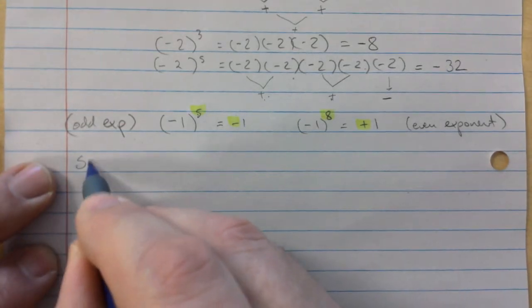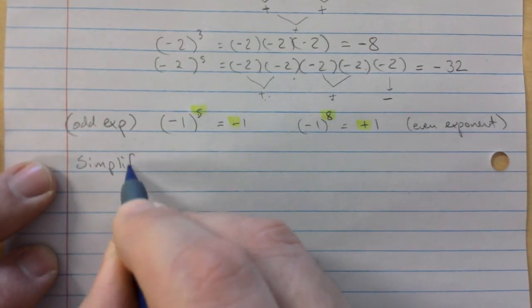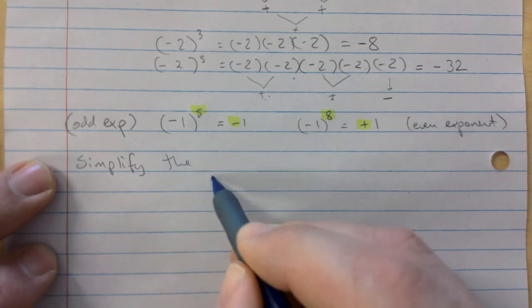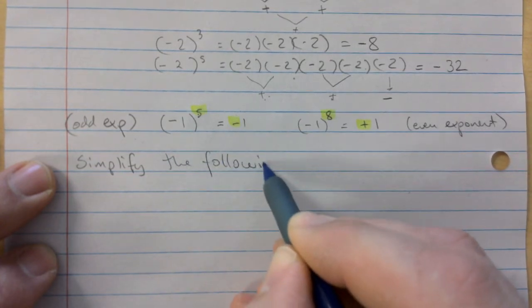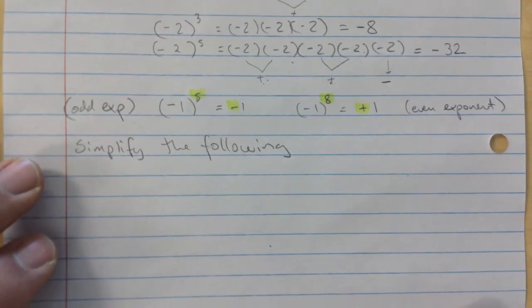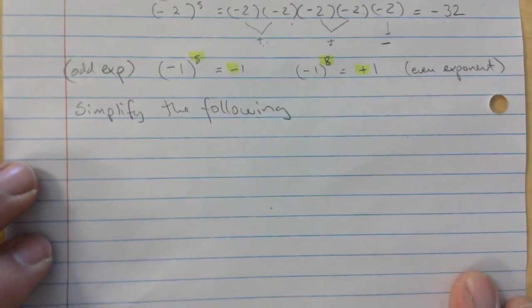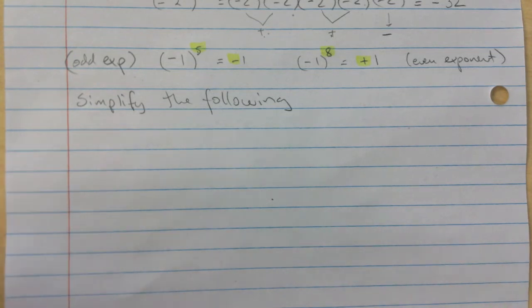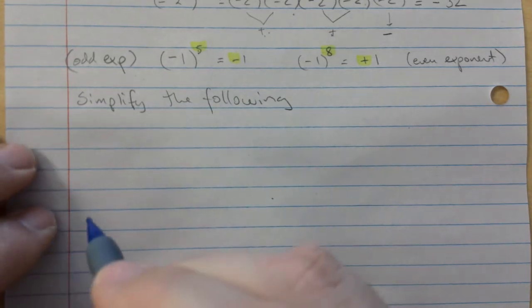Okay, simplify the following. We're going to start with what I call one-liners, and then we're going to start having numerator and denominator. The one-liners are just one line, and then you're going to have more added to the mix.